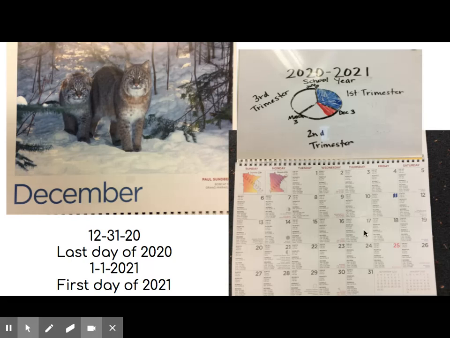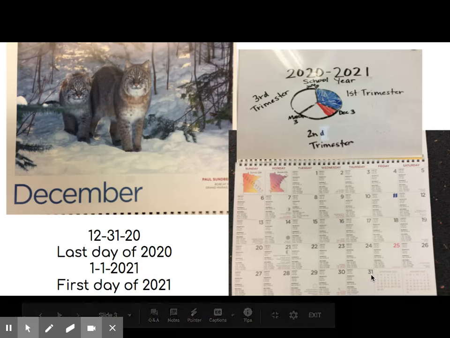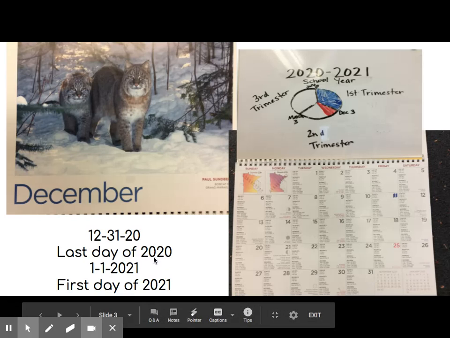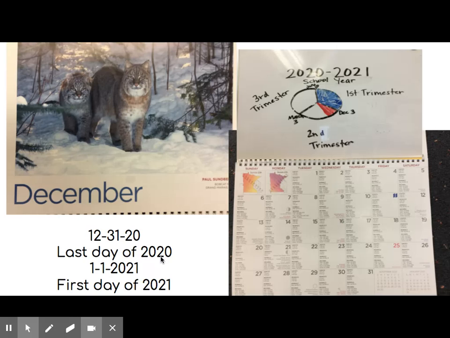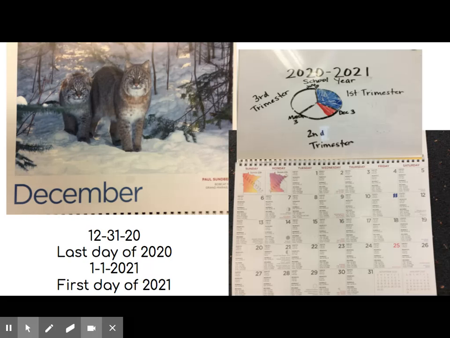But when it gets to the 31st of December, it's going to be the last day, the end of 2020. So it will be the end of the calendar year, but not the end of the school year.